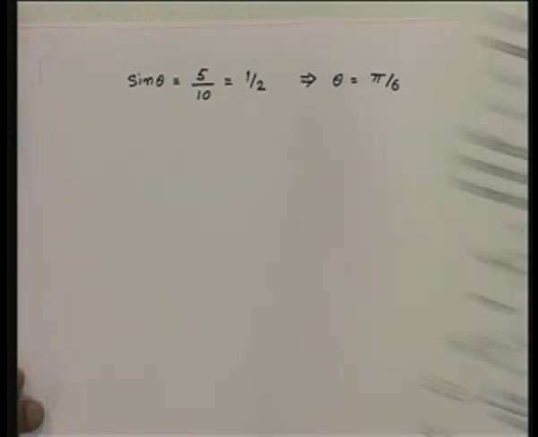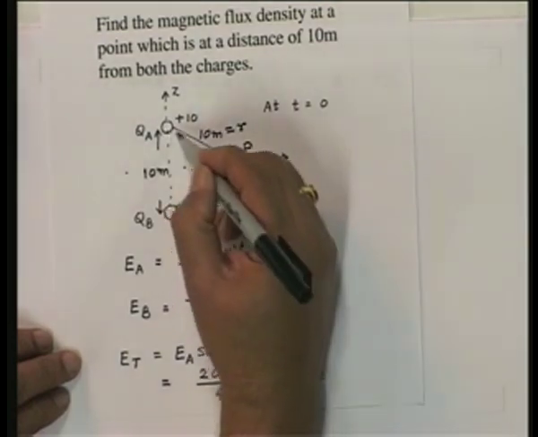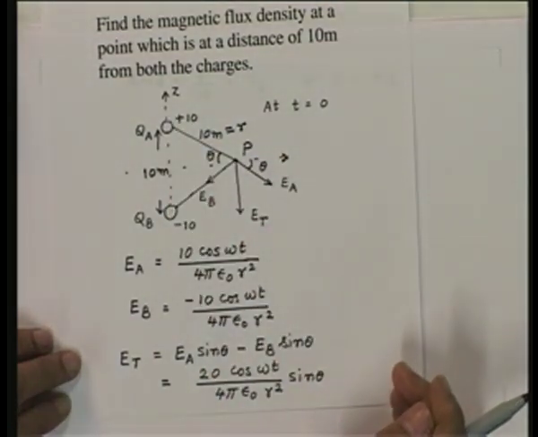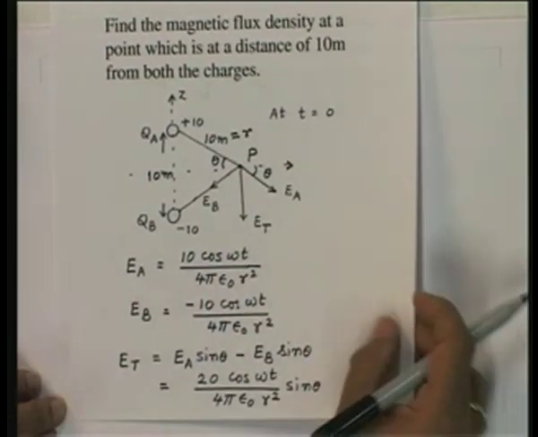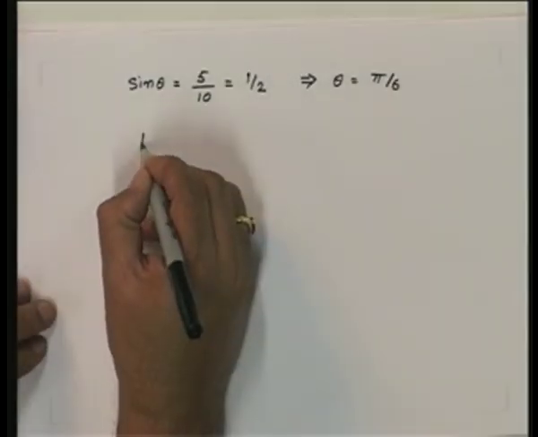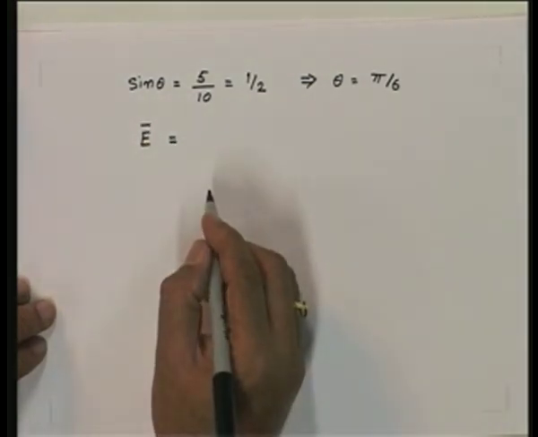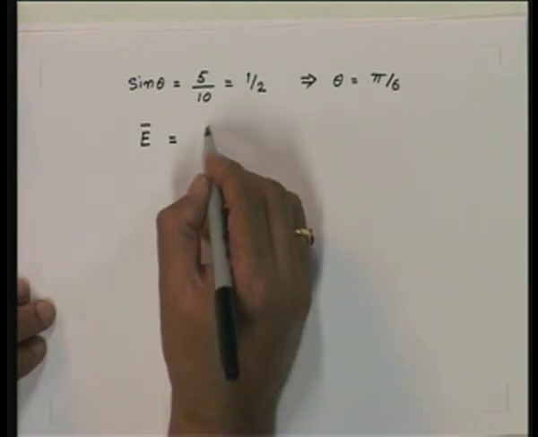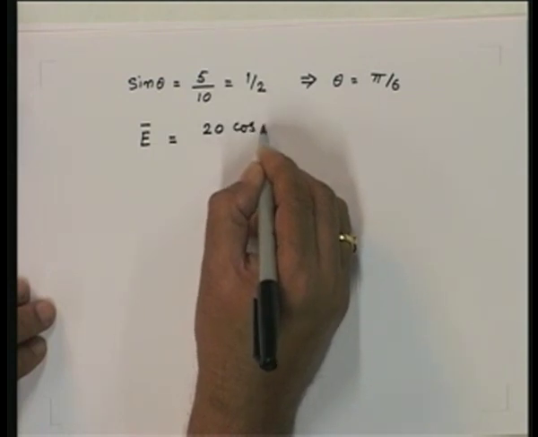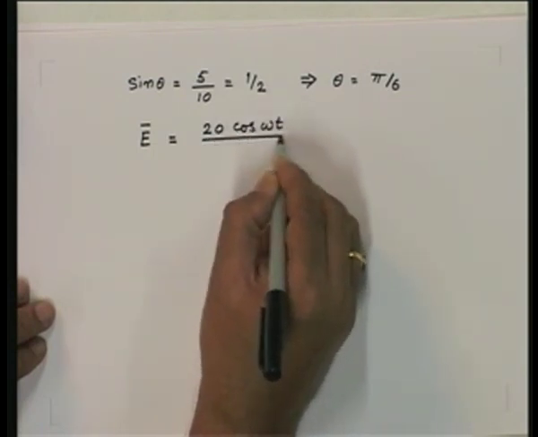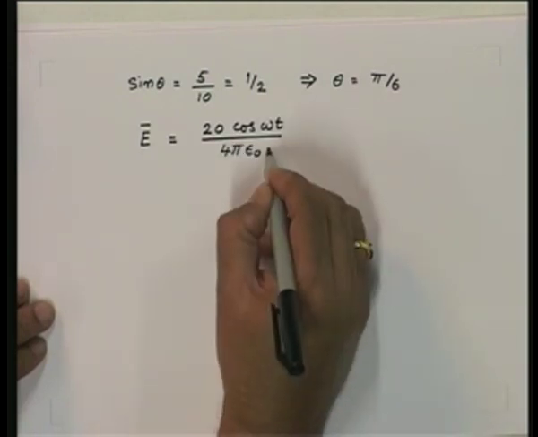So, the total electric field which we are getting now at this location P will be oriented in the negative z direction. If you want to write down the total vector electric field at this location, we can write the electric field E equal to 20 cos of omega t divided by 4 pi epsilon 0 r square.